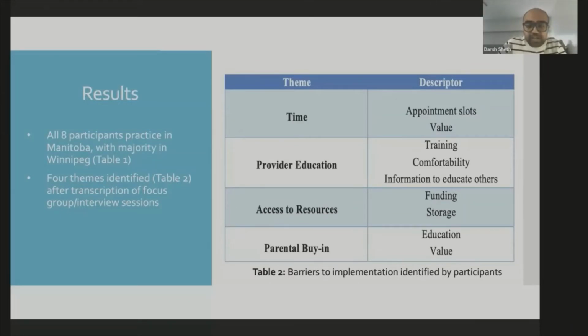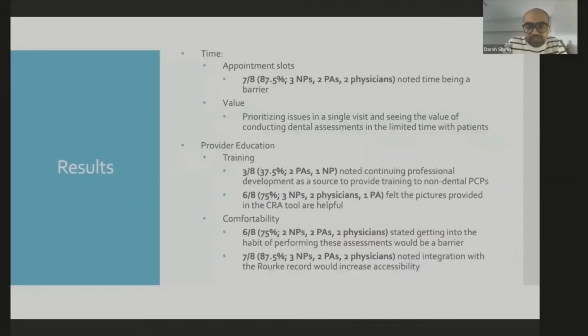How can they actually get the tools they need, such as fluoride varnish? And if they could get these tools, how would they store them? Parental buy-in mainly focused on education of the parents, and the value of parents seeing that their primary care providers are providing this service, potentially being a barrier to implementation.